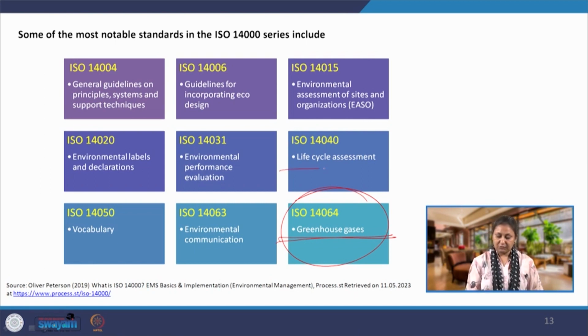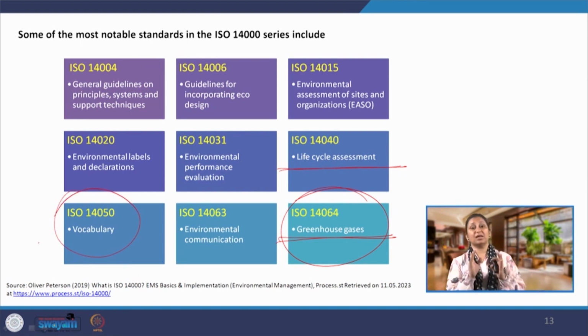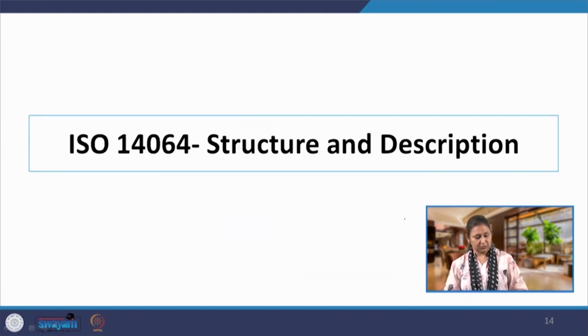For example, 14040, which is talking about life cycle assessment. We have a standard only on the vocabulary of words used in environmental management related issues. We also have standards serving as guidelines for incorporating eco design, ecological design. We have standards for assessment of sites and organizations and a lot of others, but we are going ahead with 14064.